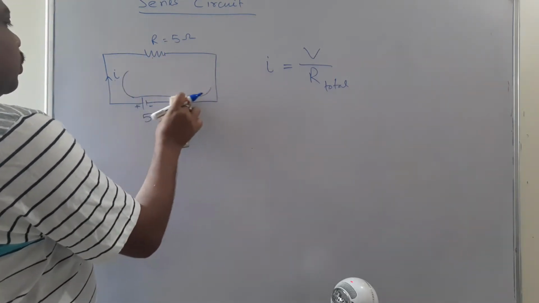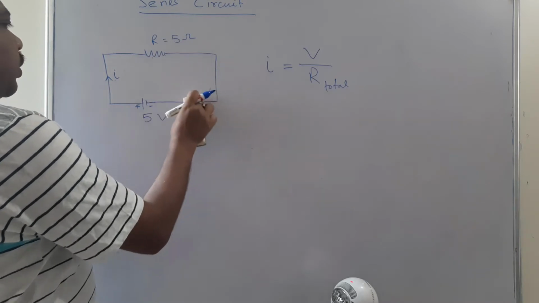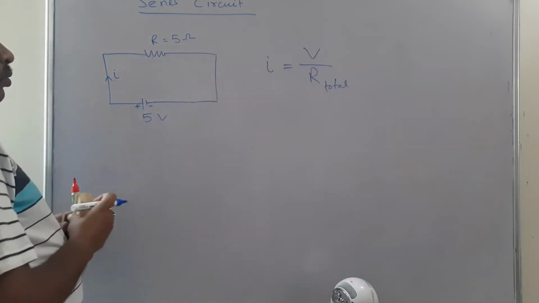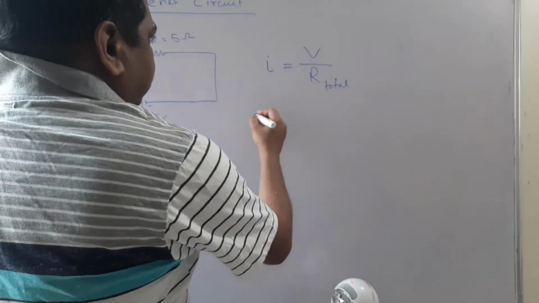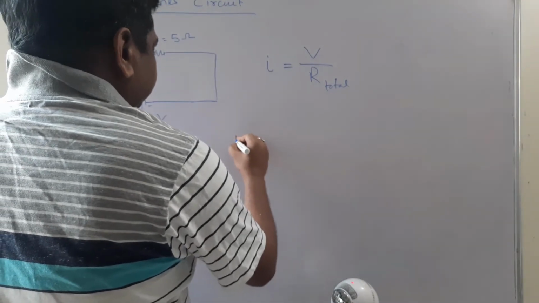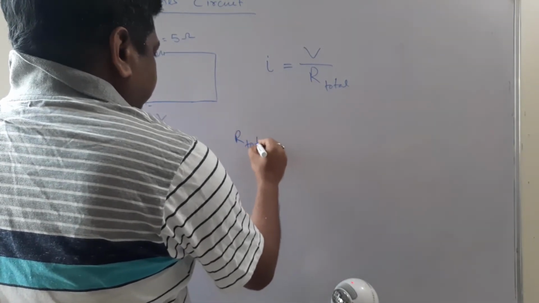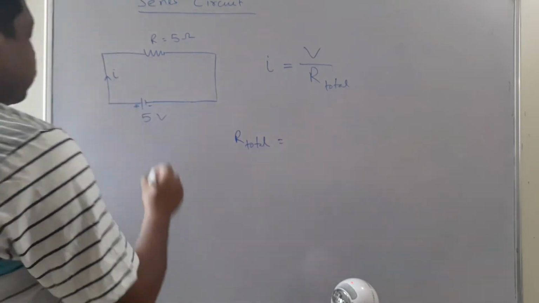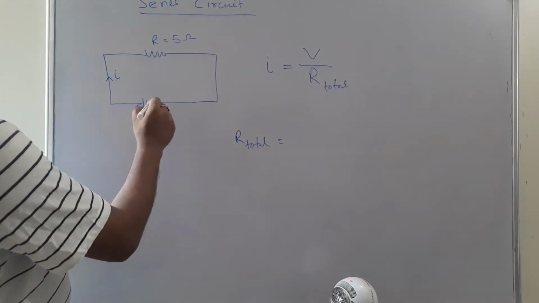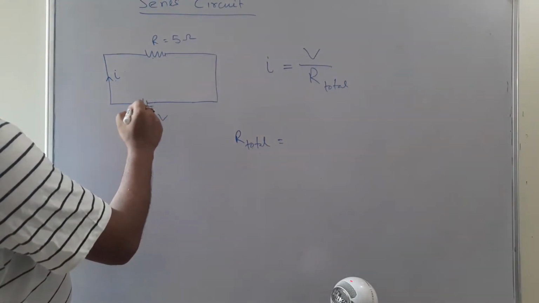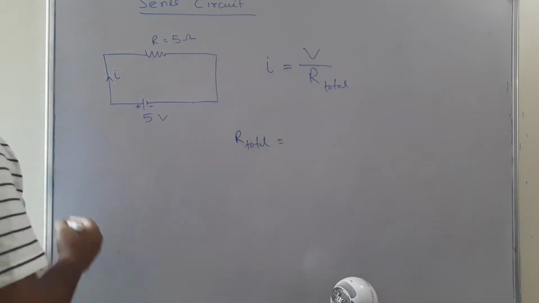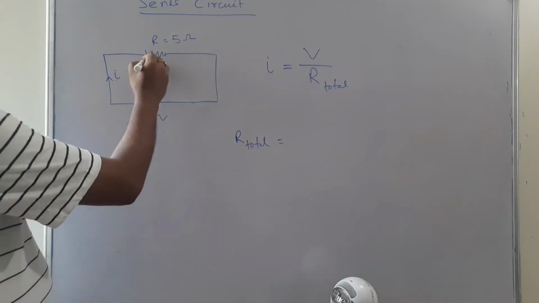So this is very important to understand. So what is R total? R total is the resistance in the entire path. So what will be the resistance?